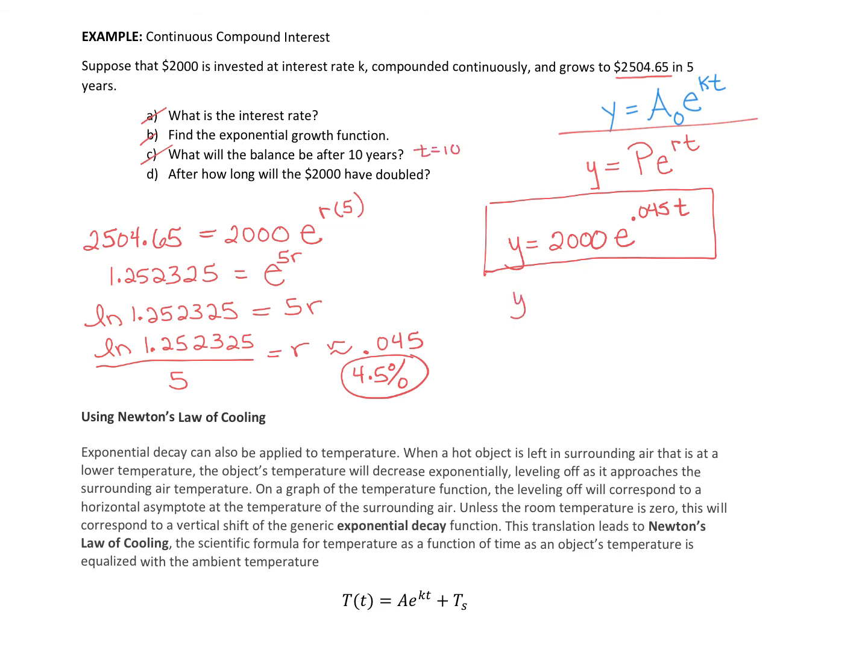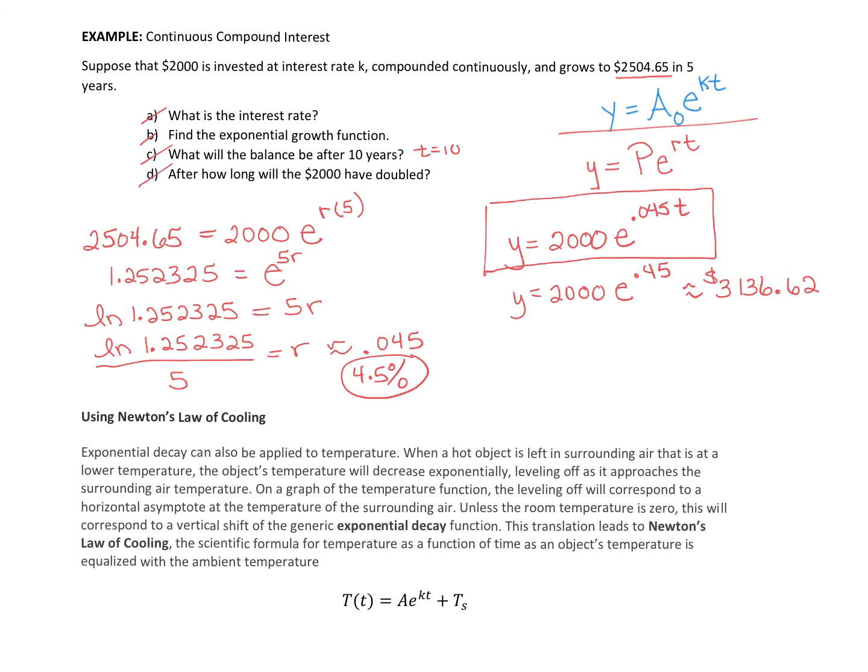So we'll say y equals 2,000 e to the 0.45, since 0.045 times 10 is 0.45. And I use my calculator, and we'll get approximately $3,136.62 after 10 years.